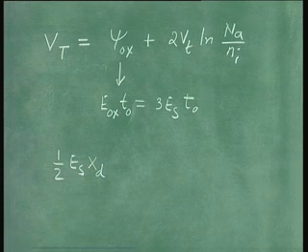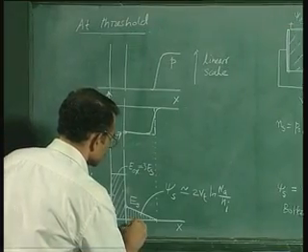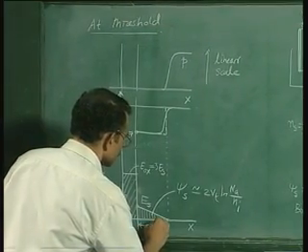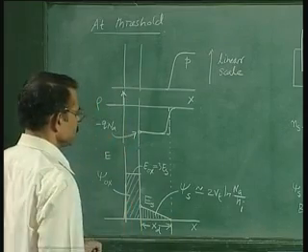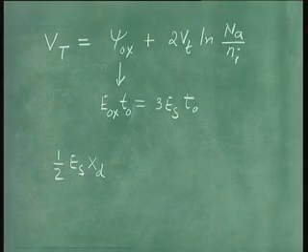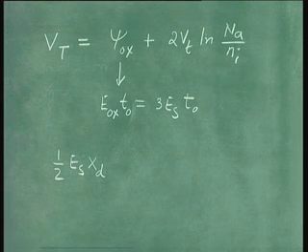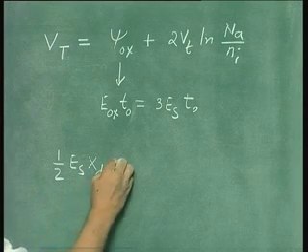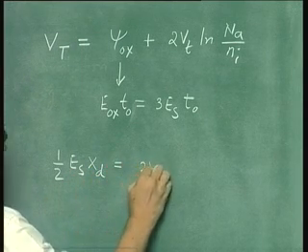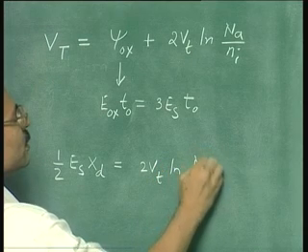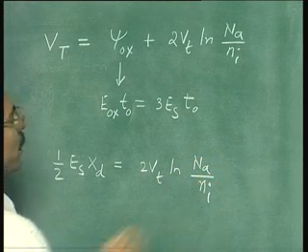The depletion width xd is this. So this is 2 Vt ln Na by Ni.